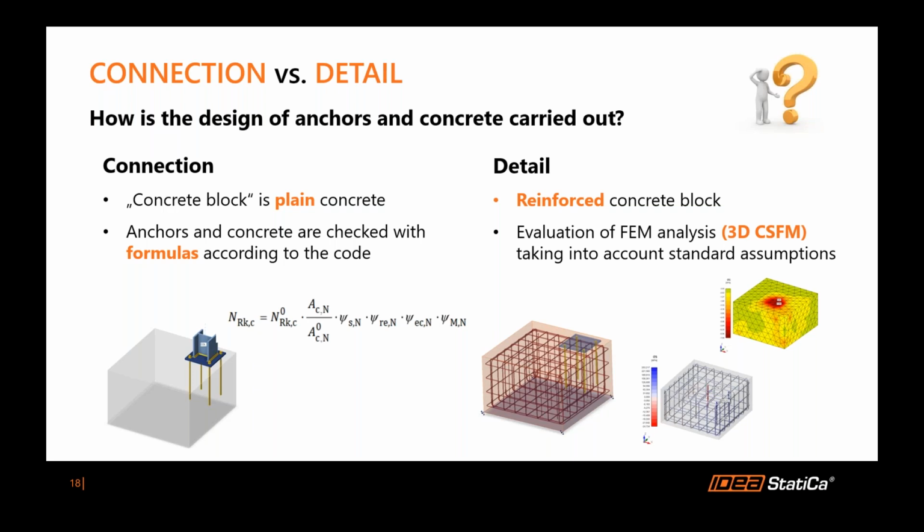On the other hand, in detail, the concrete block is reinforced. In fact, it must be reinforced, and the block and reinforcement are modeled as finite elements. It utilizes the method called 3D CSFM, which I will explain later, and all of the materials are fully code compliant.